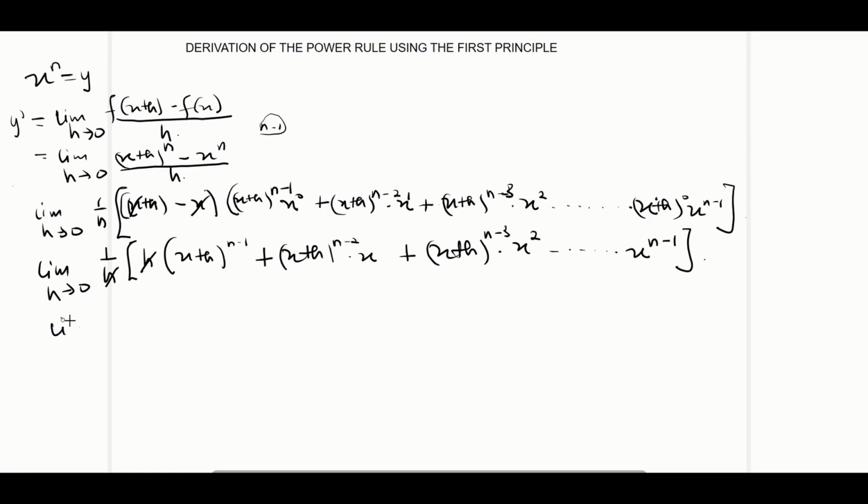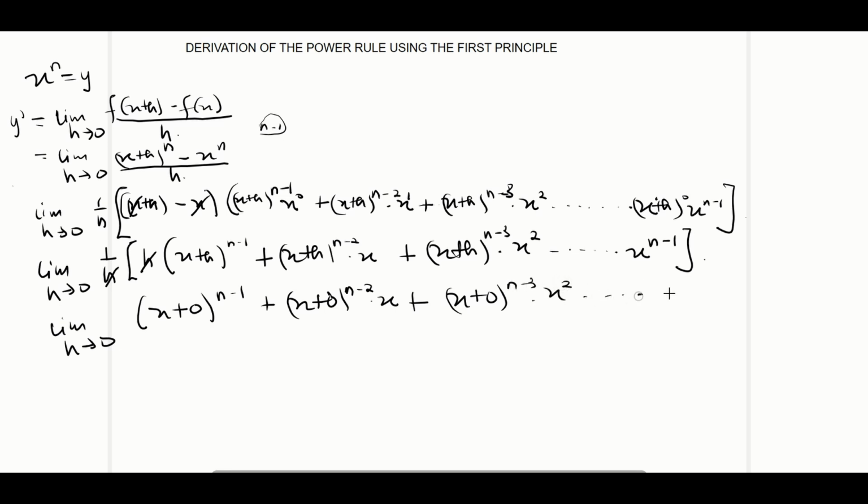So we are having the limit as h approaches 0 of (x + 0)^(n-1) + (x + 0)^(n-2) multiplying x + (x + 0)^(n-3) multiplying x to the power 2, all the way up to the last one, x^(n-1).